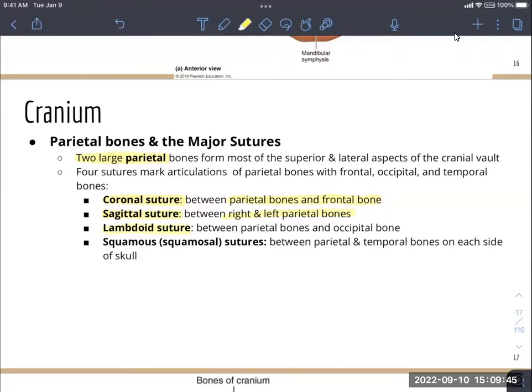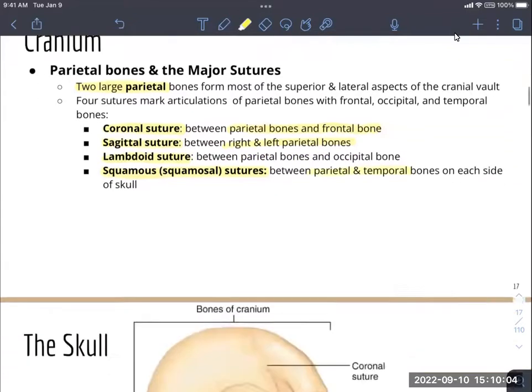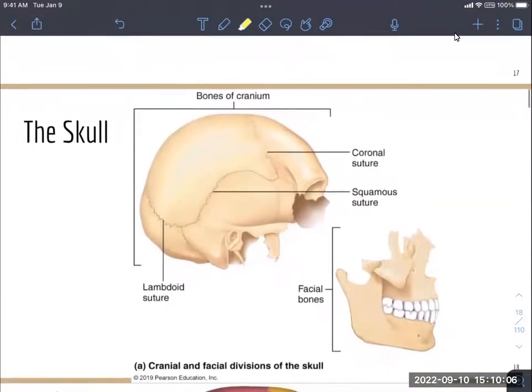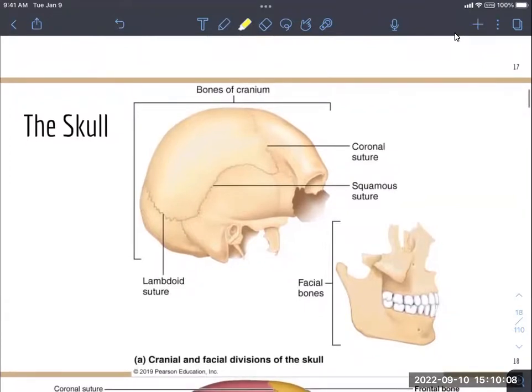You know what a lambdoid Greek letter looks like? That's what that suture looks like. That's why it's named that. We also have a squamous suture between the parietal and the temporal bone. So let's look. That coronal suture, as I said, is like that coronal plane.